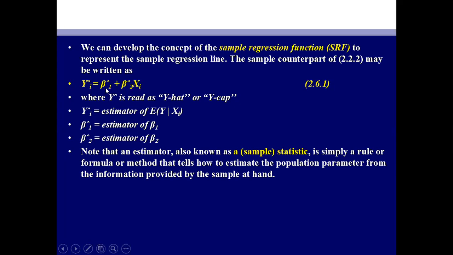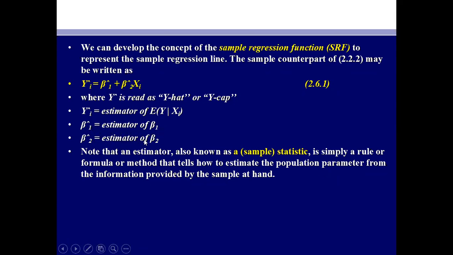So the sample quantity would be represented by putting a cap or a hat, H-A-T hat, over there. So when we use the notation beta 1 hat and beta 2 hat, actually we are talking about the sample versions of beta 1 and beta 2. So therefore, what is beta 1 hat? It is an estimator of beta 1.